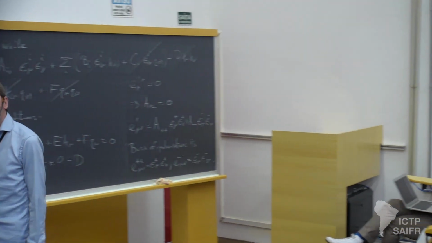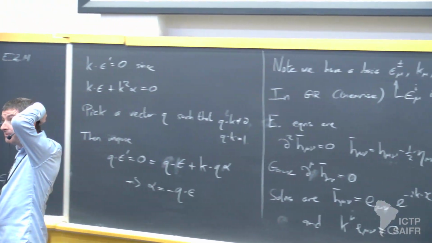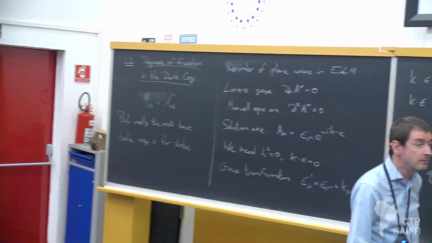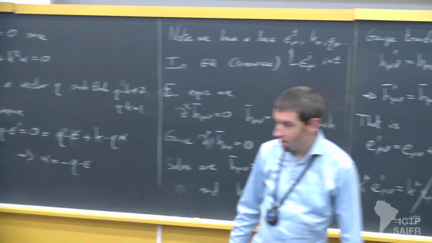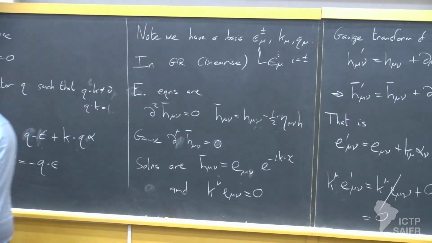Okay, so the states that you can get out of the graviton are literally double copies of the states in Yang-Mills. Okay, so with that in mind, I'm going to give you another exercise.